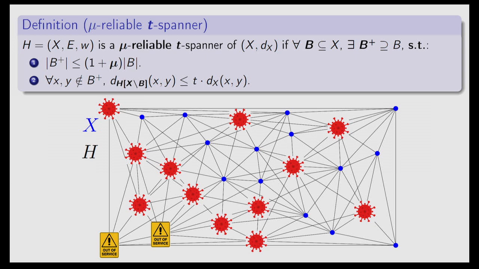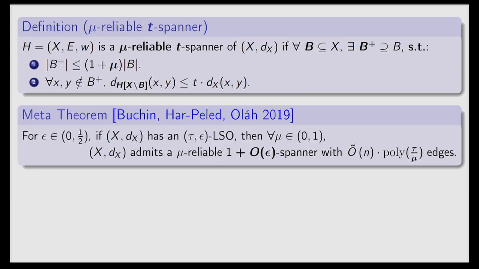And the guarantee is that for every 2 points which are not in this superset B plus, the distance between them is preserved in the spanner up to a t factor. So for example, if your mu parameter is 1 over 100, and you killed 90% of the network, then I kill another 1% into B plus, and the remaining 9% will remain well connected. So this is the structure.